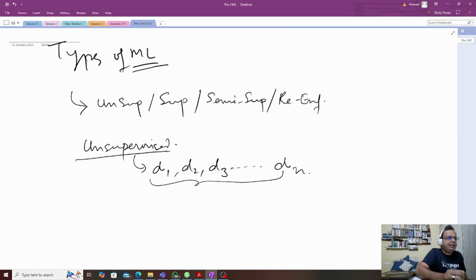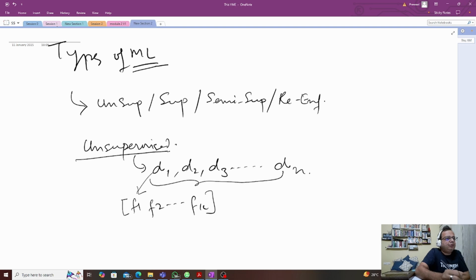When I say unlabeled, we don't have any additional information about these data points, whether they belong to a specific category or they do not. Let's suppose, and each of these data points can be a culmination of a variety of features.